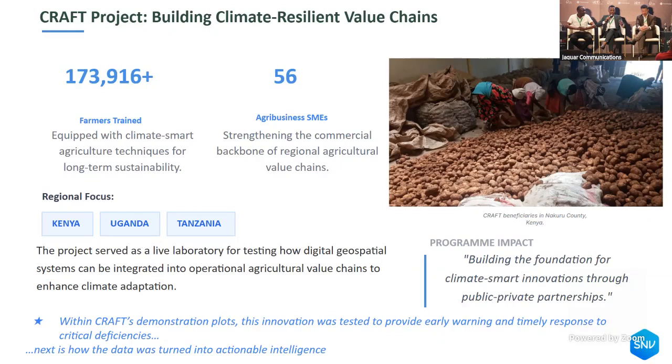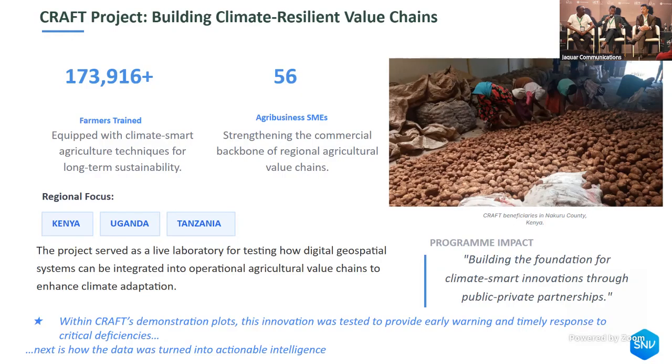And one thing that in the CRAFT project we looked at is how can we solve the issue of this timing in terms of moisture, pest, and disease that are invading the crops. And that's how we brought this concept.